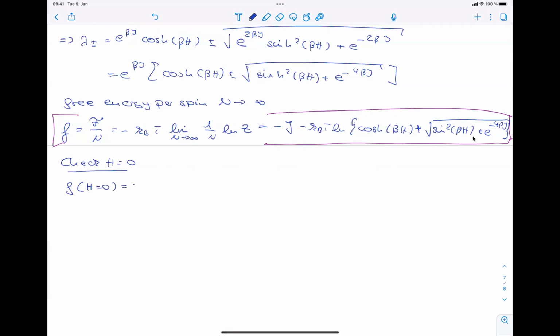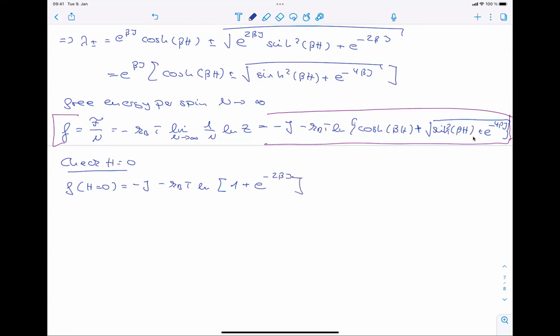We do this, we have still minus j minus kBT ln of cosh of 0, which is 1, plus the sinh of 0 is 0, and this sinh, I'm sorry, sine. So we're just taking the square root of the exponential, so that's minus 2 beta j.